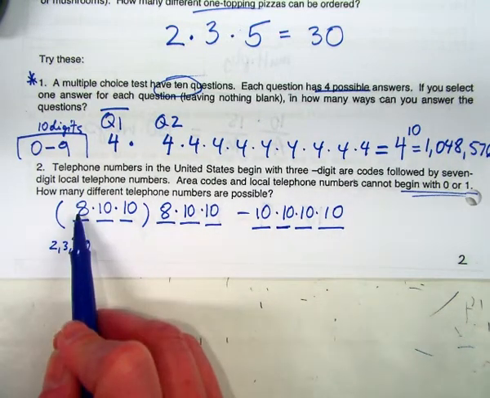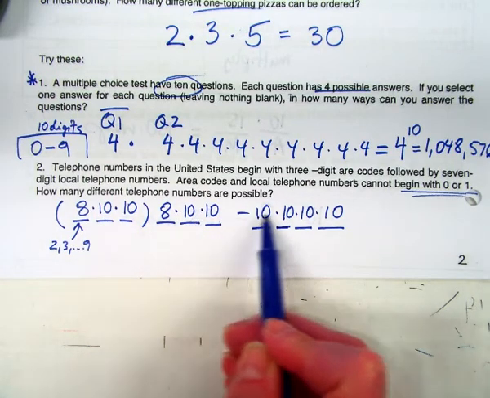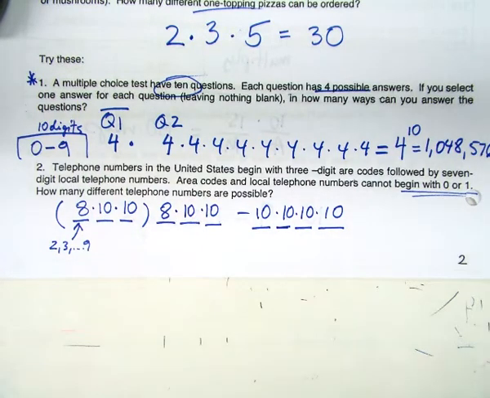Why don't you guys multiply 8 times 10 times 10 times 8 times 10, and so on and so on, to see how big that is. How many different phone numbers are you able to get?